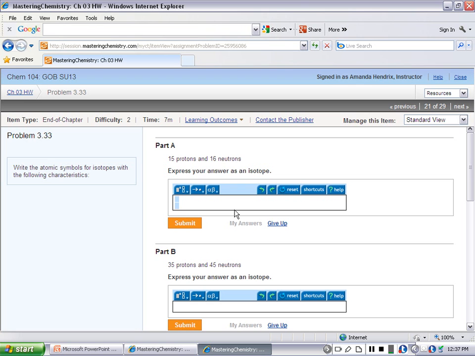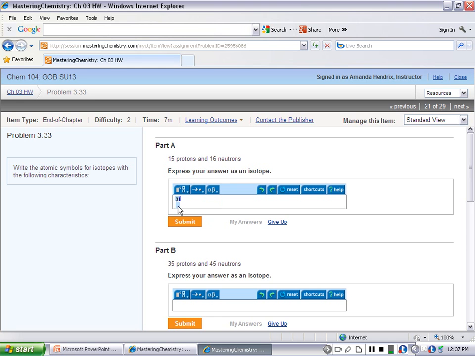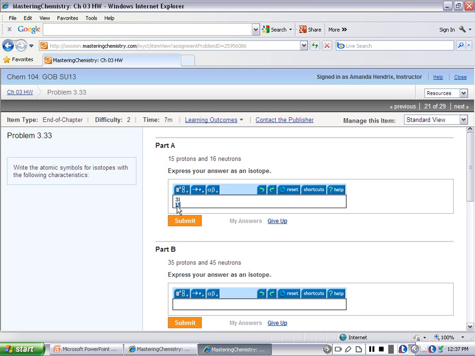Okay, if we have 15 protons and 16 neutrons, we have already come up with what our symbol would look like. So look back at your answer from before: we had 31 as our mass number, and then we had 15 as the atomic number, and when we found 15 on the periodic table, it was phosphorus.